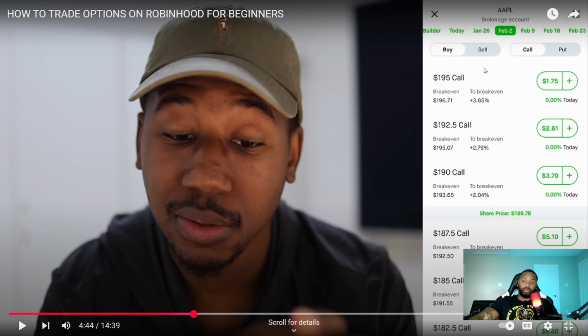If it doesn't reach 195, you can lose money, as your contract expires worthless by the expiration date. So you want to give it time to cook, and if you get it close to the share price, it's safer.